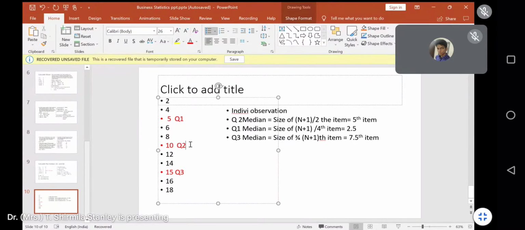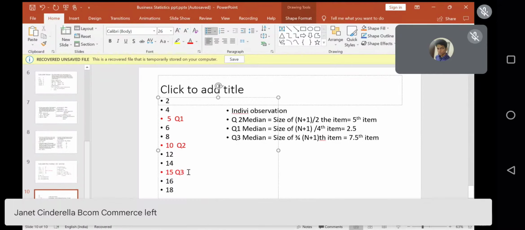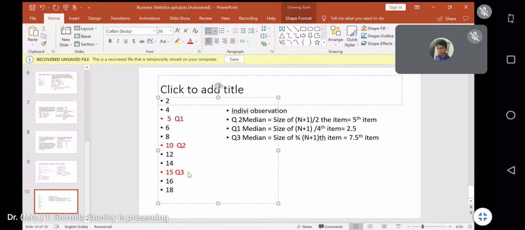Q2 is half. Q3, 75% is less, so after that only 25%. So that value is representing 3/4 of your N. This is representing 50% of the N. This is representing 25%. Okay, so you have this understanding. This is only for individual observation, right?